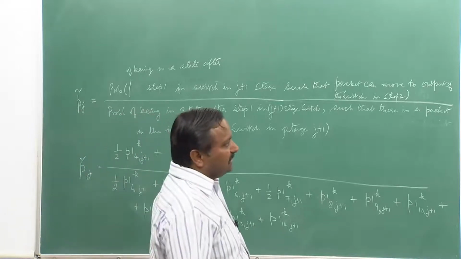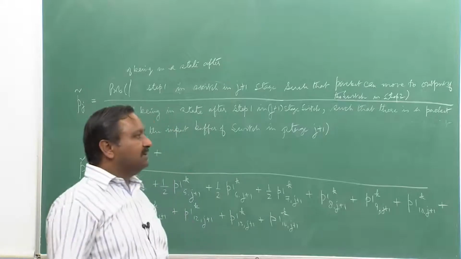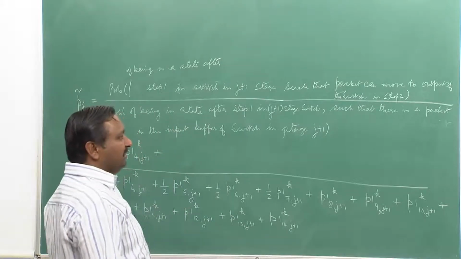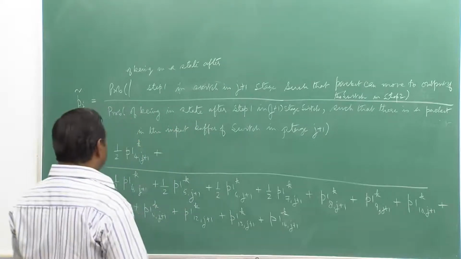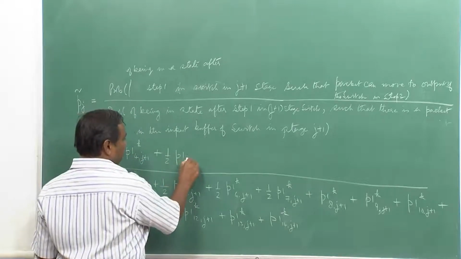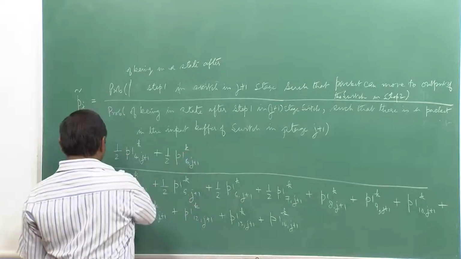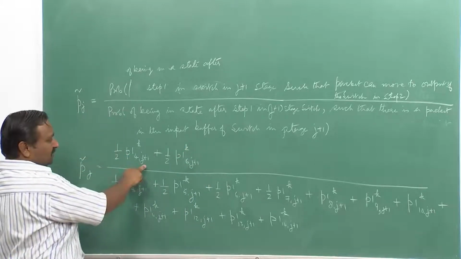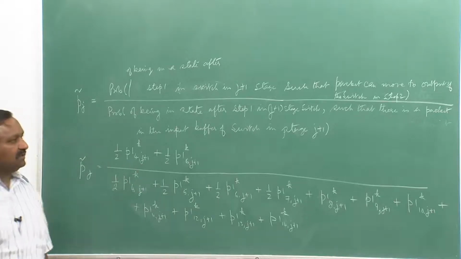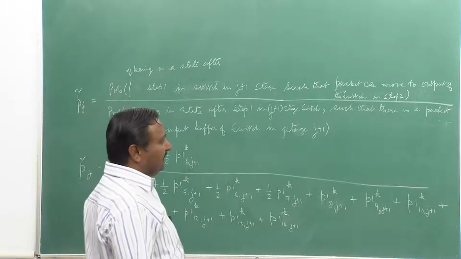So next in the 5th there is no possibility because there is a blocking, so the output buffer is not empty. In 6th it will be happening, but that will be again with the half probability. So you have to note this, I am actually talking about jth stage, so I am using j plus first stage state probabilities. And similarly look at 7, nothing will happen.